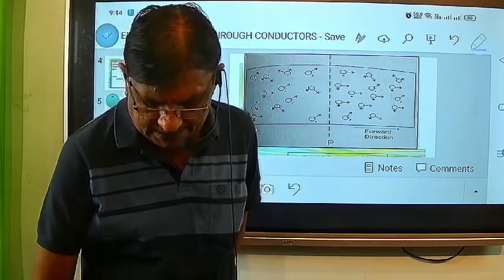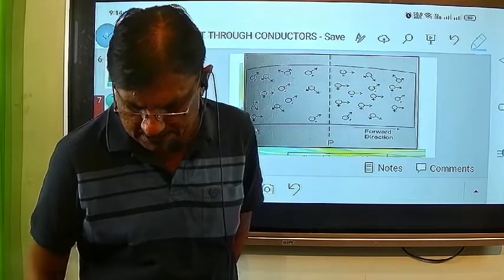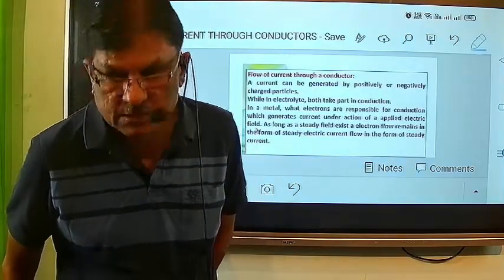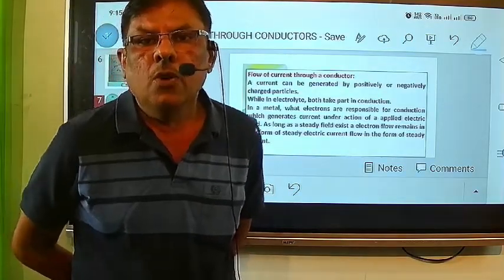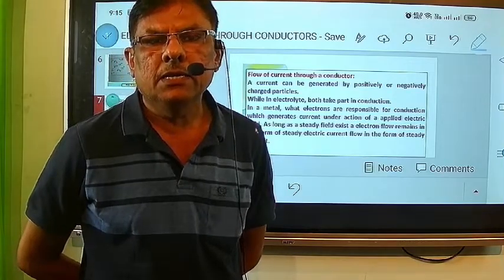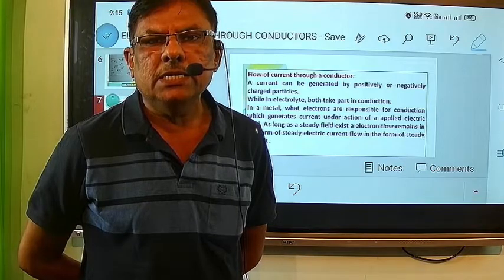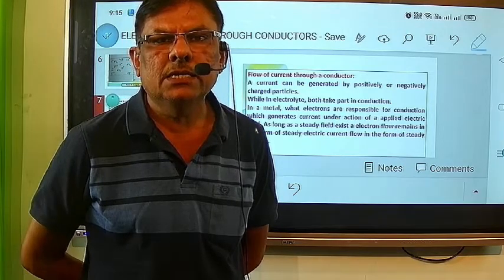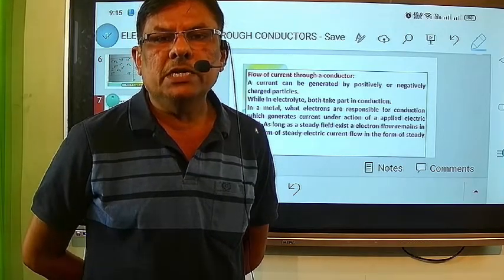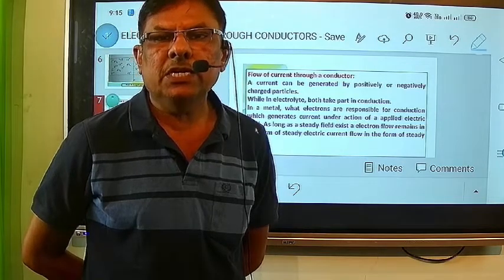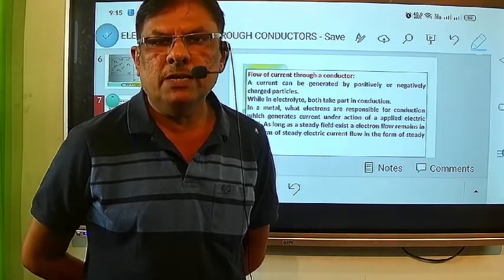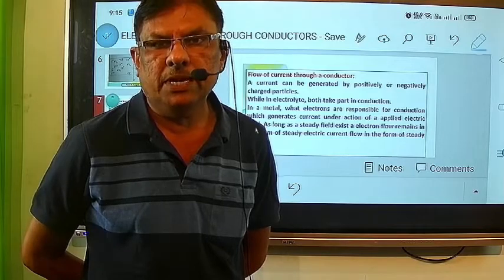Now next is that when we are considering the current flowing through the conductor, that time we are considering that two conditions take place: when the external battery is not applied and when the external battery is applied.